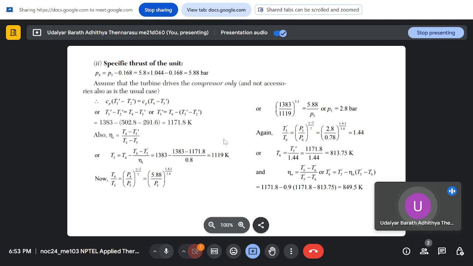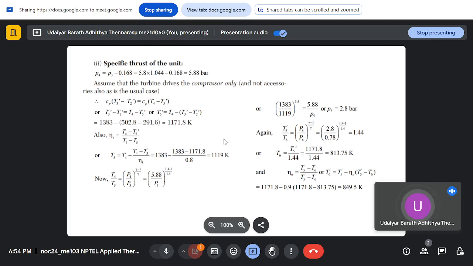Now assuming that the turbine drives the compressor only, so there are no other auxiliary accessories. So the turbine is generating only that much amount of work to drive the compressor. So the work done in the compression will be equal to the work developed in the turbine. So the change in enthalpy will be the same.